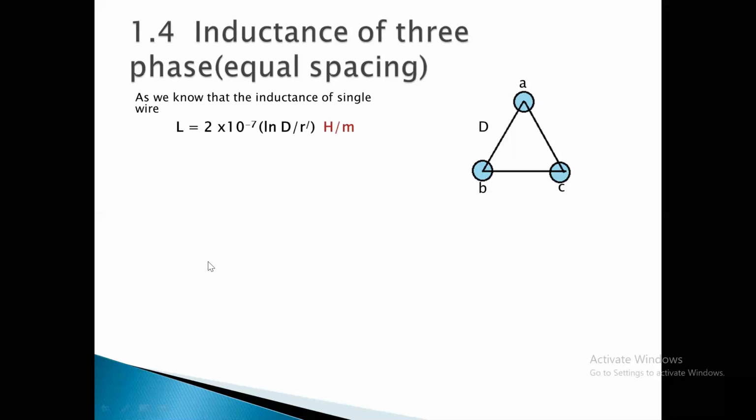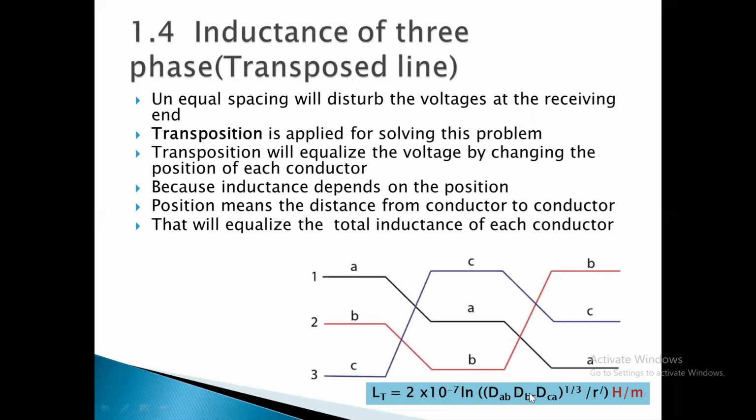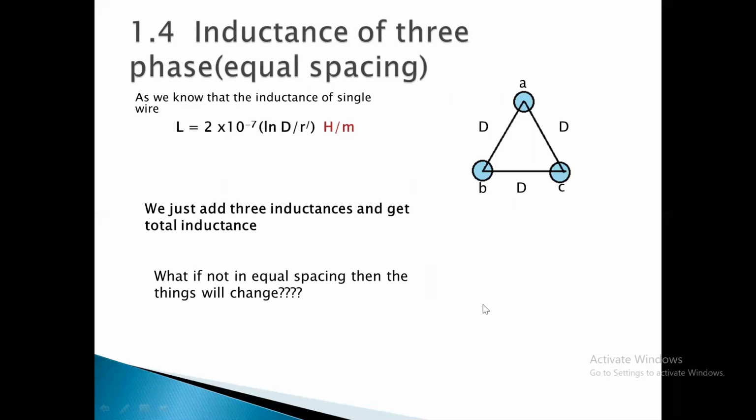If I put these d values here, it will be d cube, and then the 3 will cancel out with this. I can also derive this formula from this value.